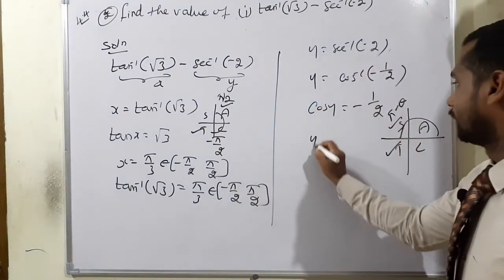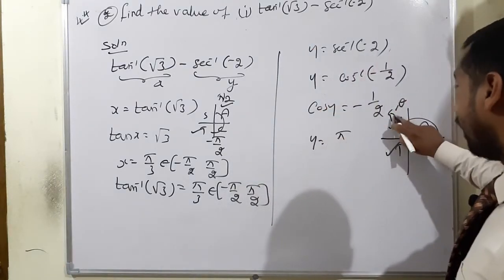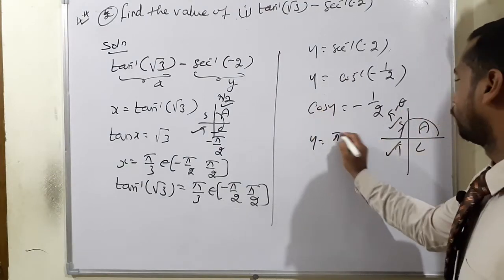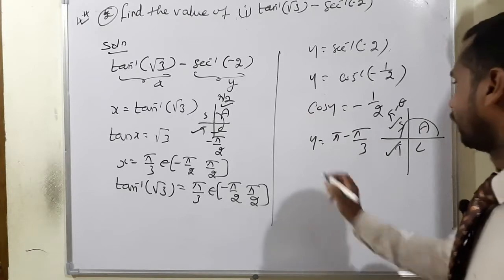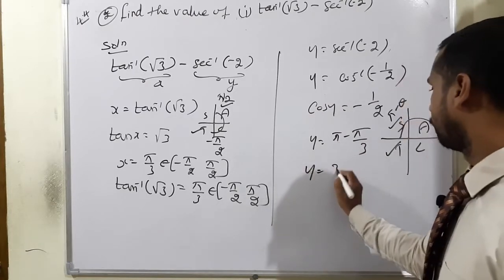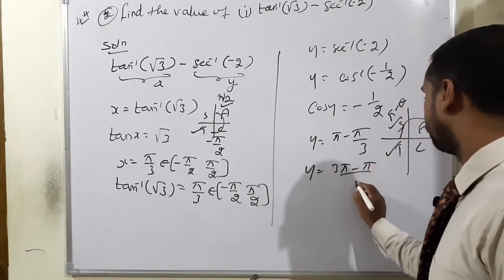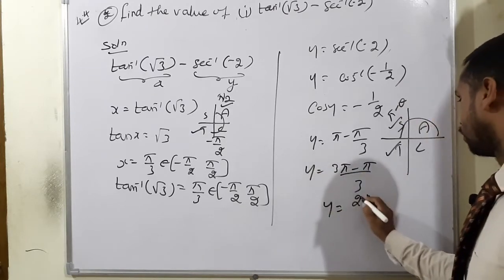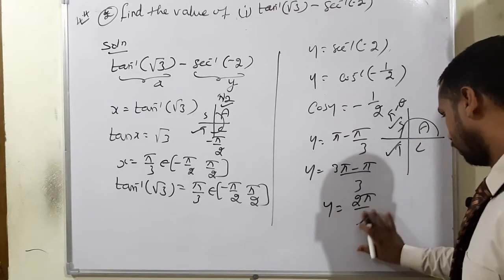Therefore, y is equal to pi minus theta. Instead of theta, we take pi by 3. Therefore, y is equal to pi minus pi by 3. Cross multiplying, y is equal to 3 pi minus pi by 3. Therefore, y is equal to 3 pi minus pi, which means 2 pi by 3, isn't it?